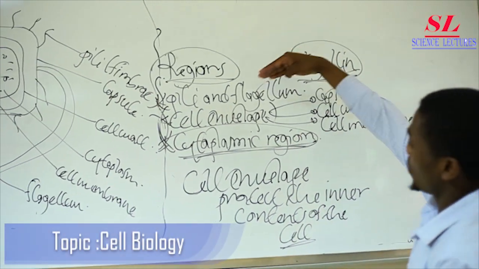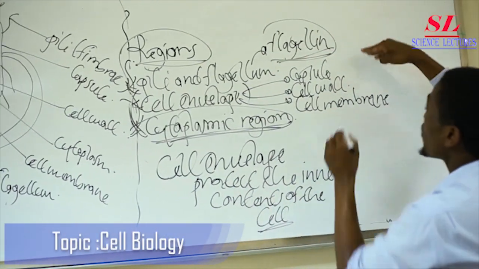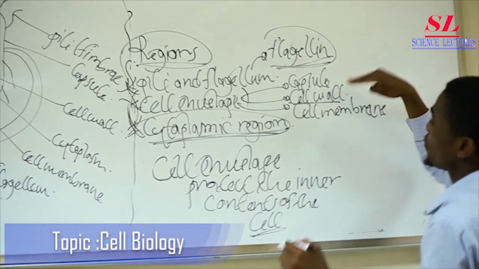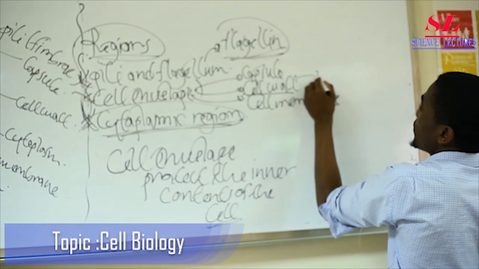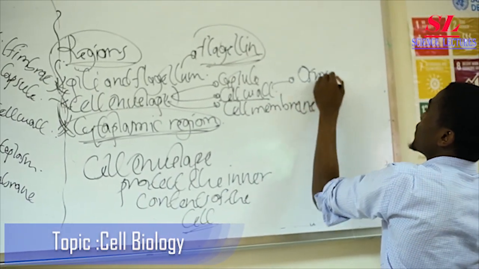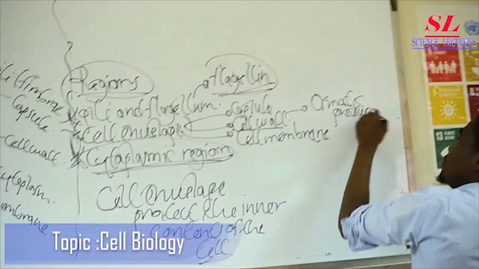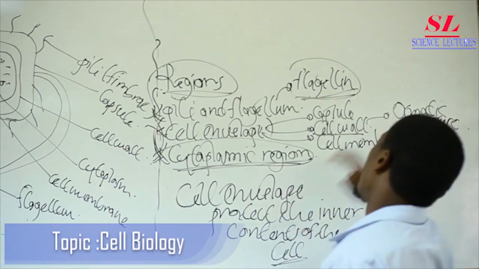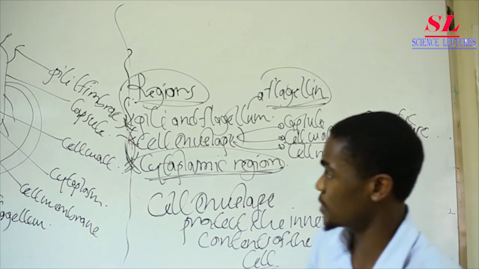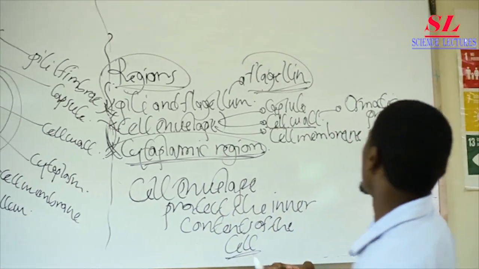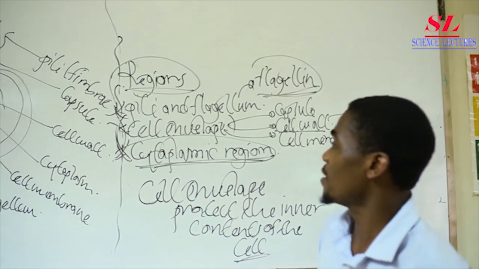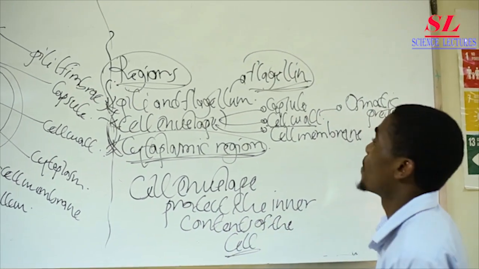But the cell wall in particular helps the cell resist high osmotic pressure. The osmotic pressure is resisted by the cell wall because it has the capacity to resist the increase in pressure, preventing the cell from bursting.